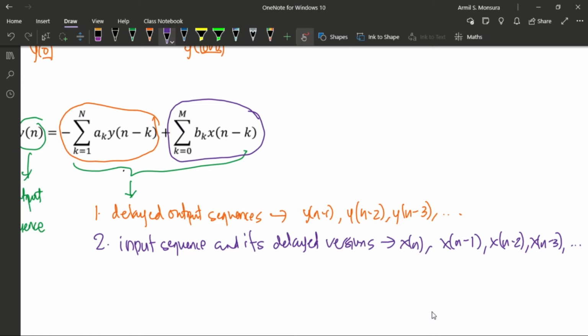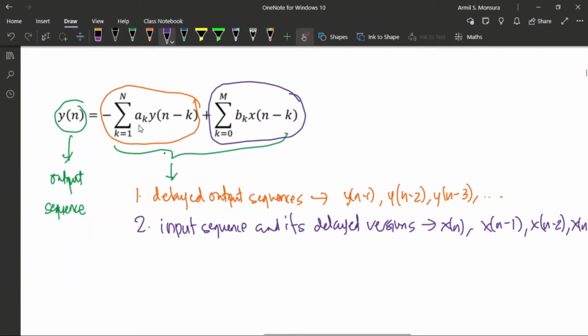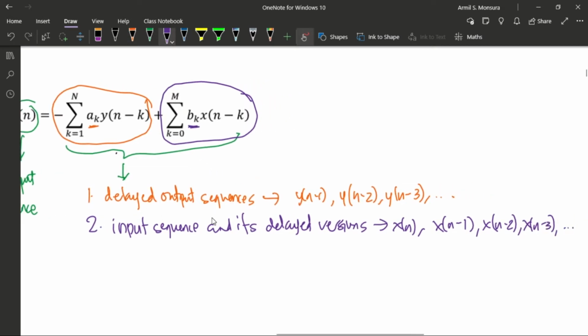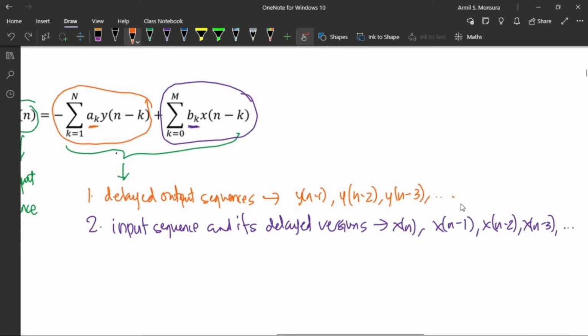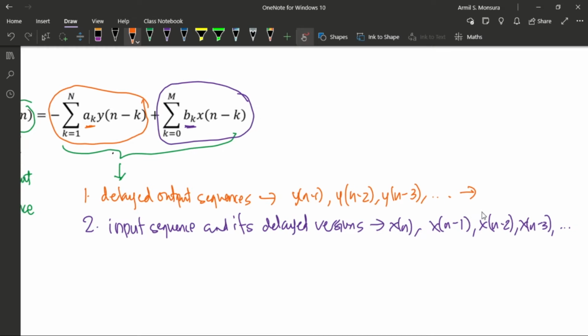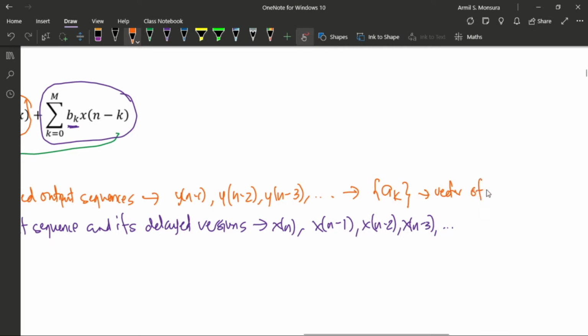Now, here's the thing. In an IOR, not all of these will appear, because each of these sequences is multiplied by a coefficient. For your delayed output sequences, the coefficient is a sub k. So the delayed output sequence is always multiplied by coefficients a sub k, which is actually a vector of coefficients.